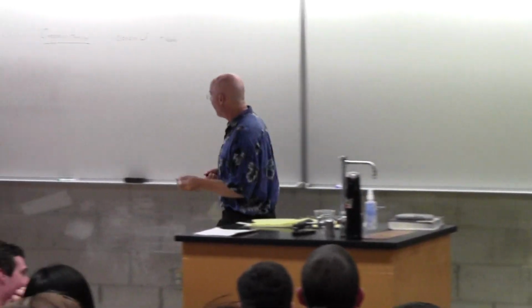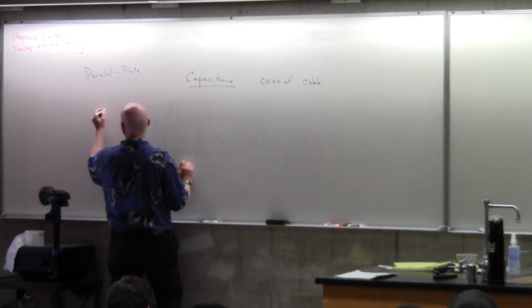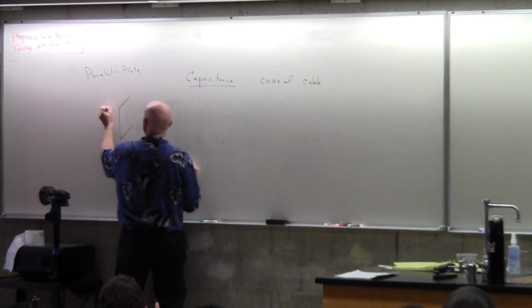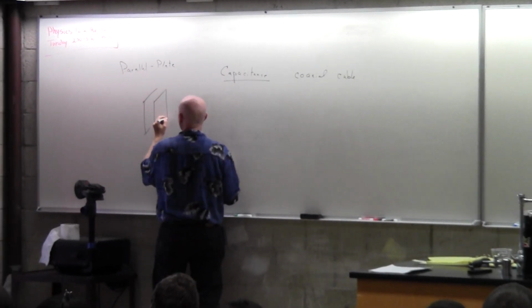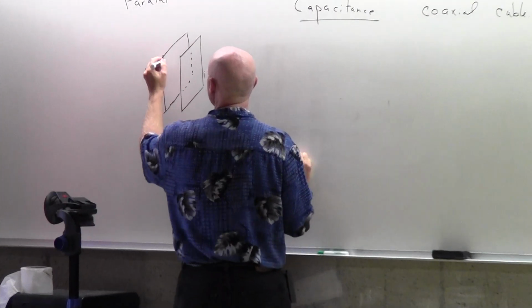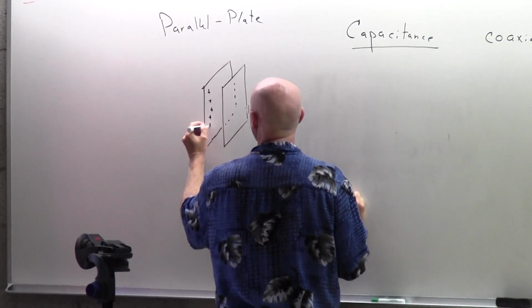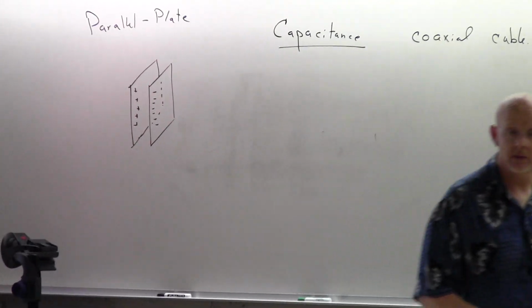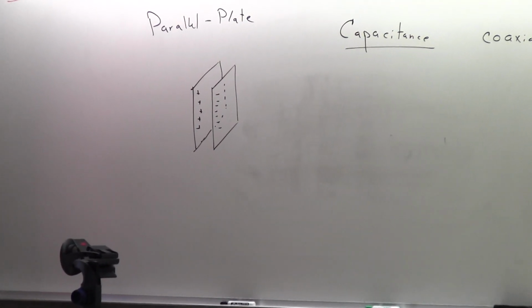And so I have, and maybe I should backtrack even further here, a picture that might look something like this, where I've got 2 parallel plates, and on one plate I have a positive charge, on the other plate I have some negative charges, and those charges are stored there.